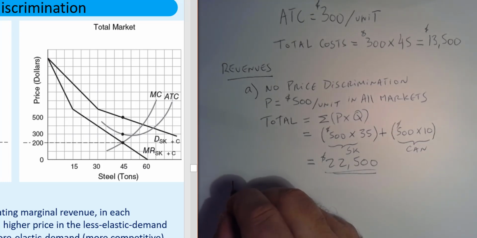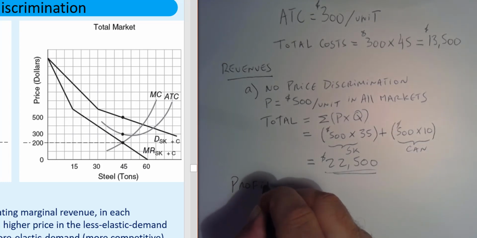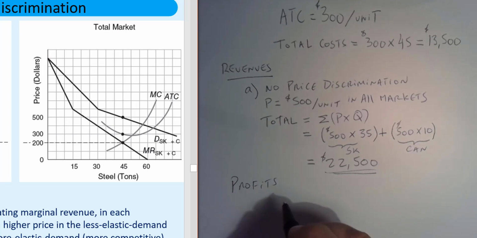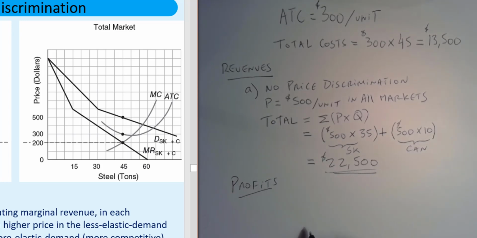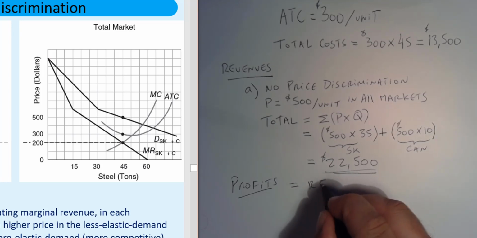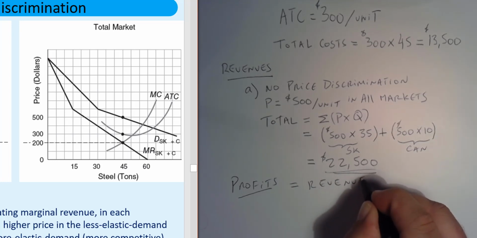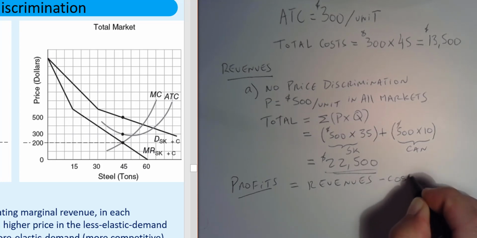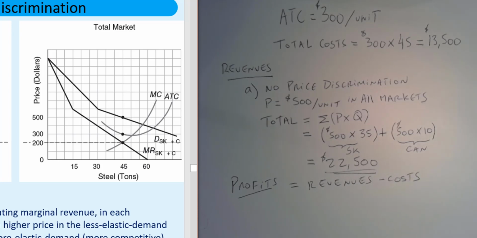Hence profits are going to be equal to revenues minus costs, and this is before taxes profits, which we are ignoring in this scenario, assuming that there are no taxes.